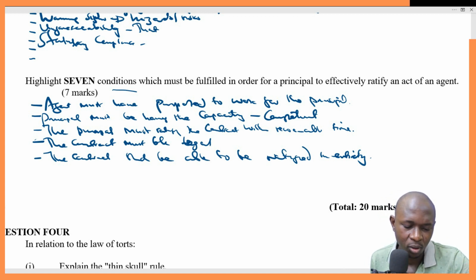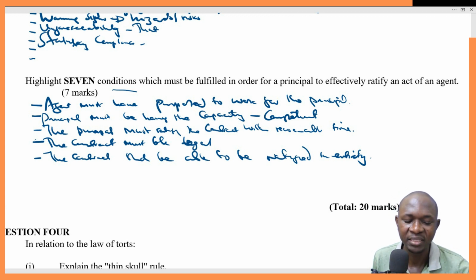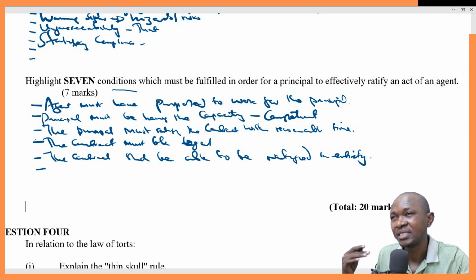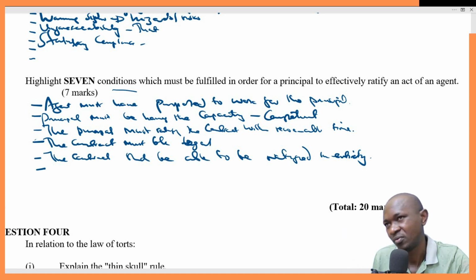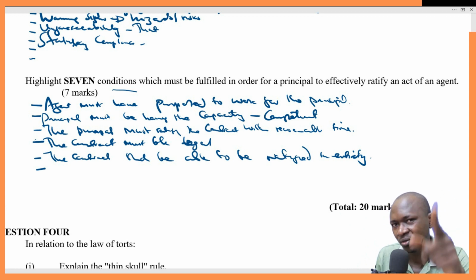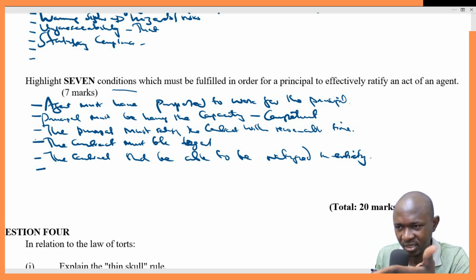Then the principal must have been aware of material facts affecting the transaction. Otherwise, if the principal is not aware of the material facts that affect the transaction, it means the agent did not disclose everything to the principal. And the effect of not disclosing everything is that the principal may refuse to ratify the contract.